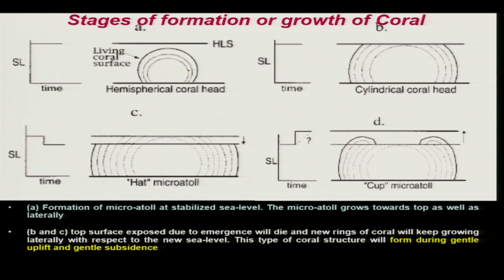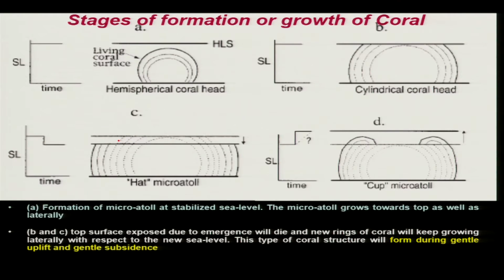So this type of coral structure will form during gentle uplift, and then gentle subsidence. So you have an uplift here, and then slowly you have the subsidence here. During an uplift, this portion got exposed, so this remained.